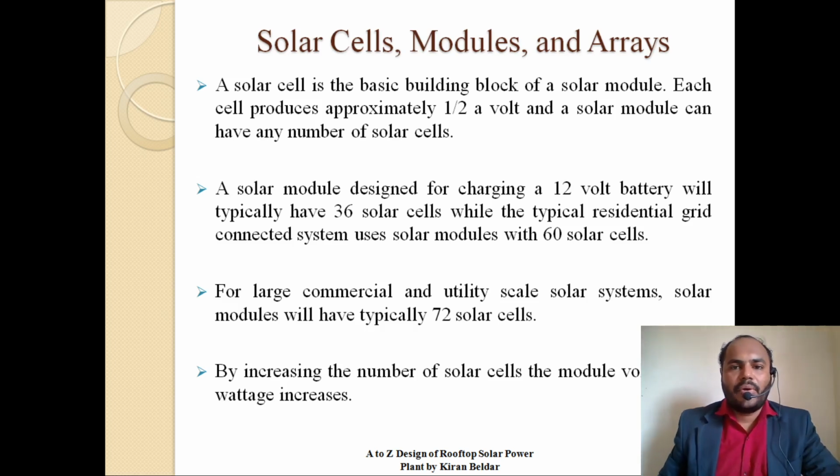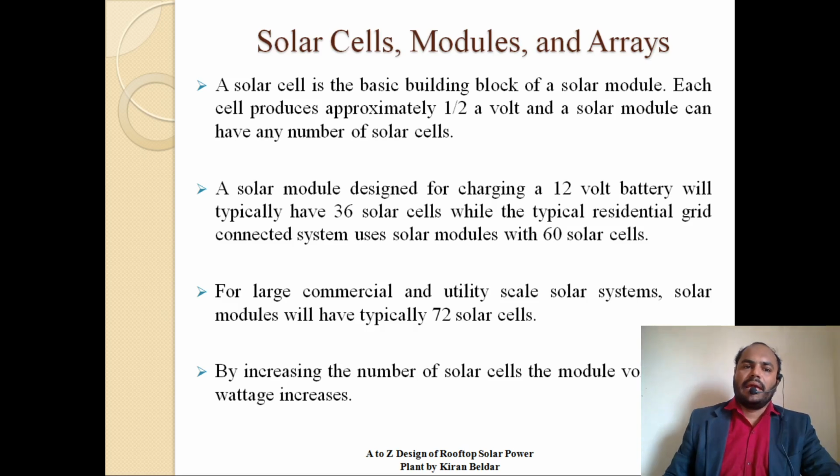Now we will see some points regarding solar cells, modules and arrays. A solar cell is a basic building block of a solar module. Each cell produces approximately 0.5 volt and a solar module can have any number of solar cells.